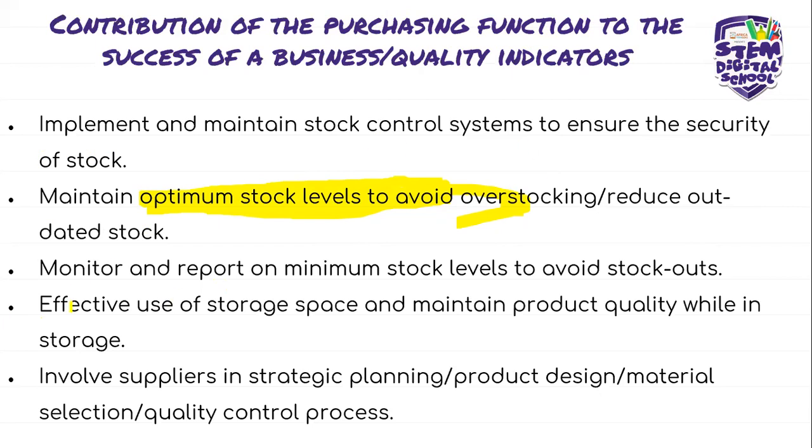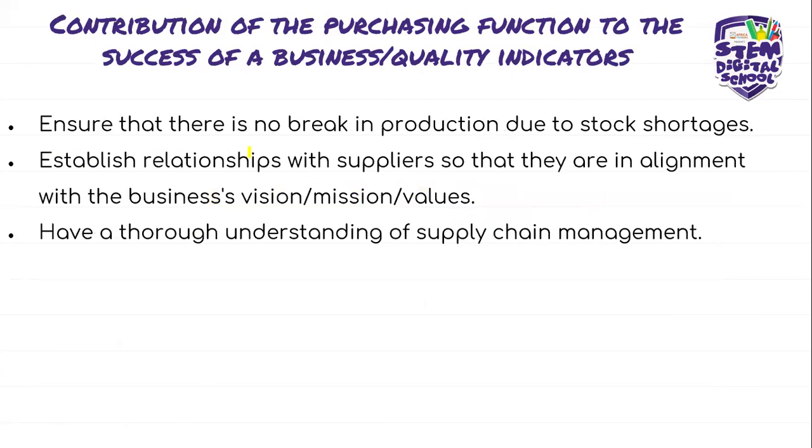Other things that you need to look at: the effective use of storage space, and maintaining product quality while in storage. You must also involve suppliers in strategic planning, product design, material selection, and quality control processes. These are more of your purchasing function. In order to have a successful business, you must also ensure that there is no break in production due to stock shortages.